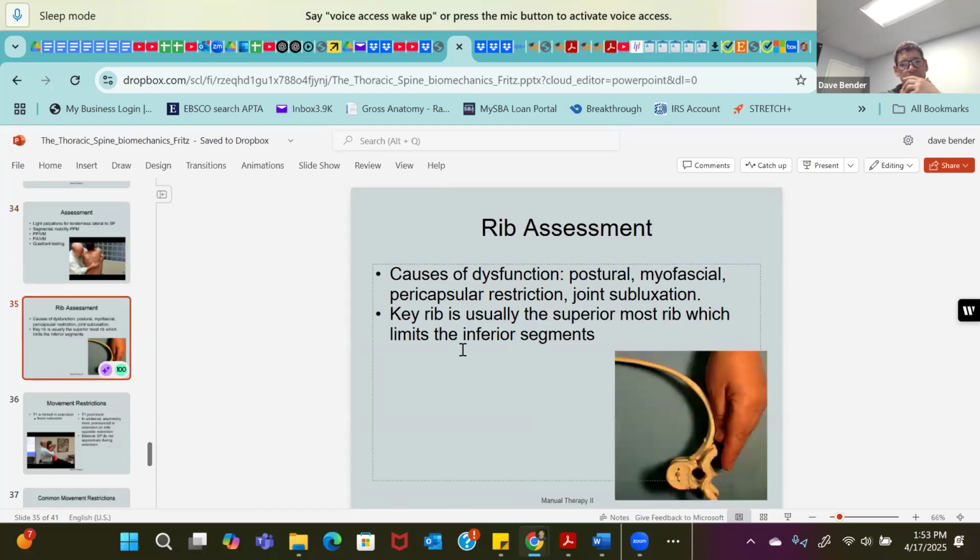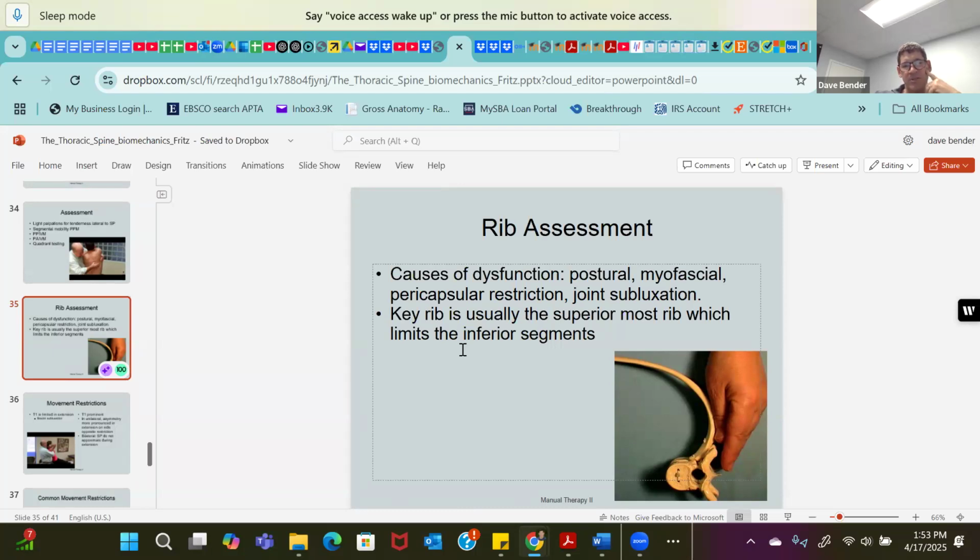Again, rib assessment. A lot of things can cause rib dysfunctions. You can check any person in your clinic right now, and you're probably going to find some rib dysfunction in somebody. Here's a classic position of the hand if we're looking at gliding the rib or even manipulating the rib in a traction technique, where you can see that thumb is sitting on the rib just off of the transverse process.